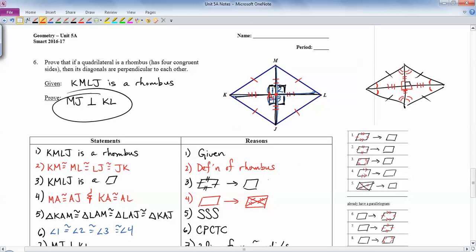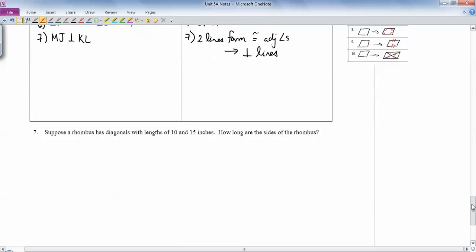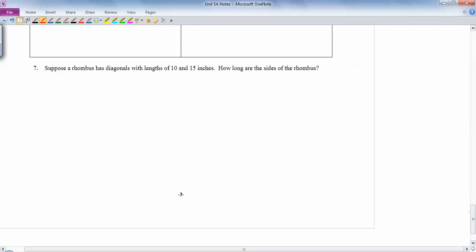And you even know that it's a parallelogram too, right? So let's come down here and do an actual rhombus problem. So we've got a rhombus with diagonals of 10 and 15. So let me draw kind of a diamond-looking rhombus here. So right off the bat, since it's a rhombus, all 4 of these sides are congruent.